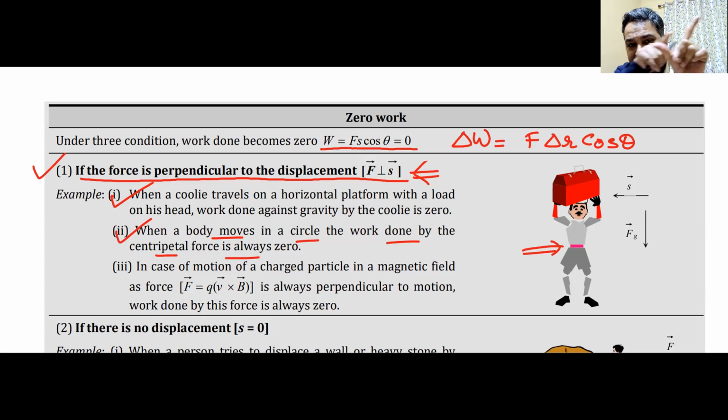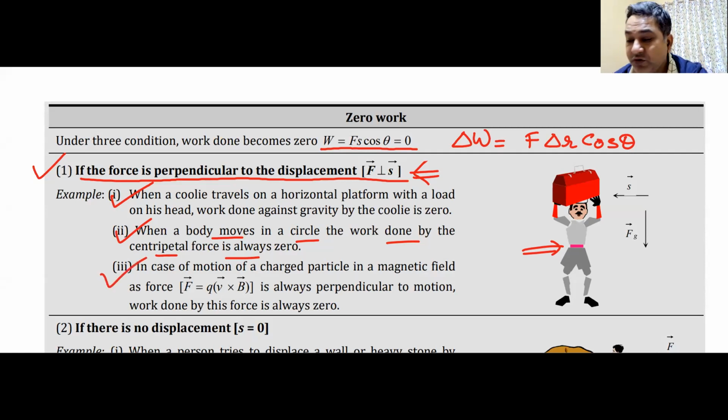The angle between centripetal acceleration and velocity is 90 degrees. Centripetal acceleration is caused by centripetal force. Wherever you have an acceleration, there must be a force. Force can only produce acceleration. Centripetal acceleration and velocity, the direction of motion, are perpendicular, and hence work done by centripetal force is also zero. That is the second example.